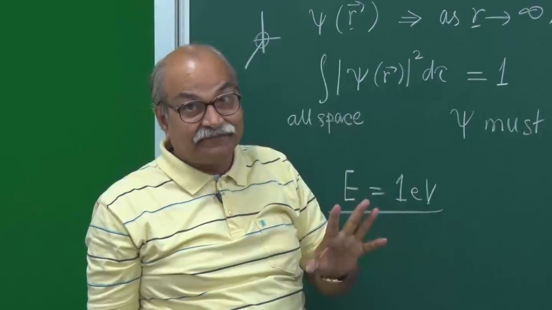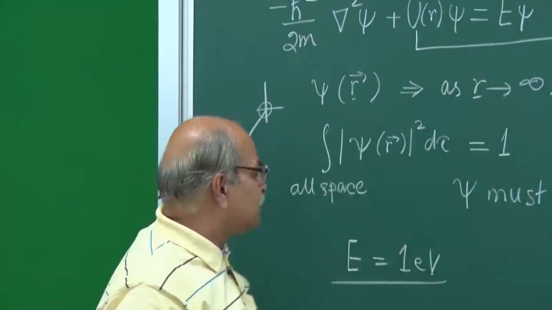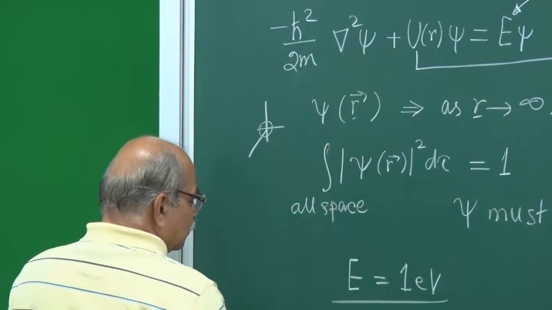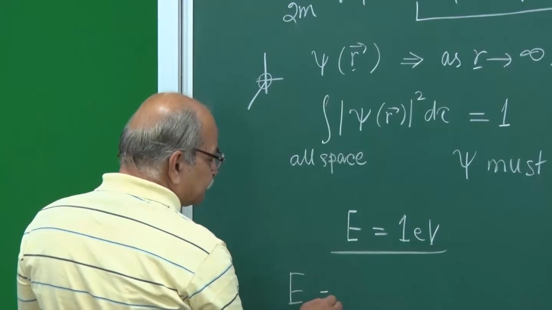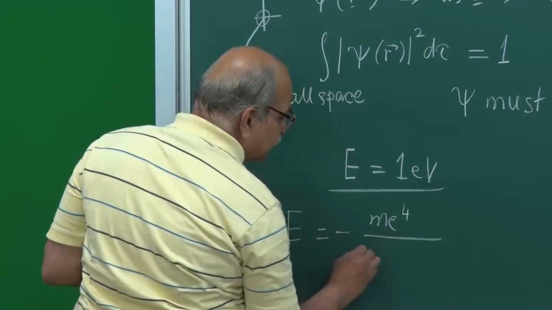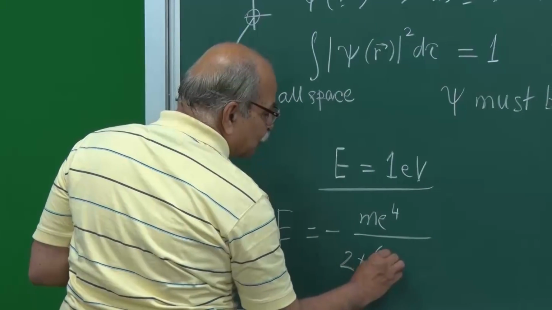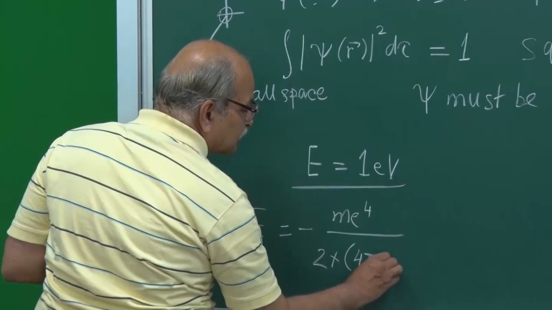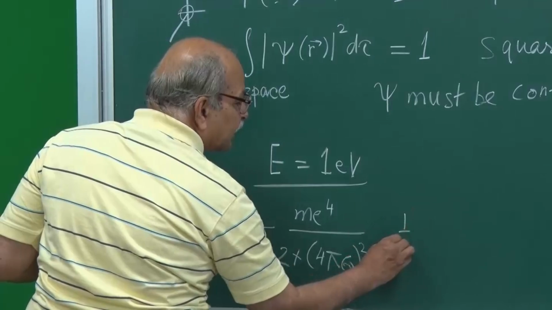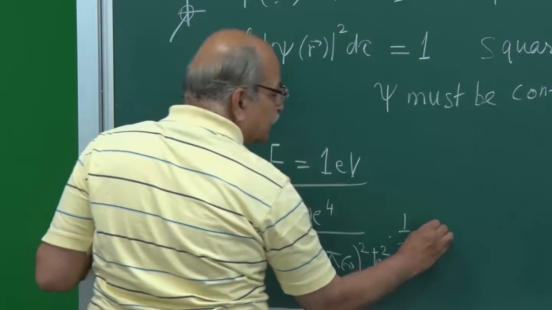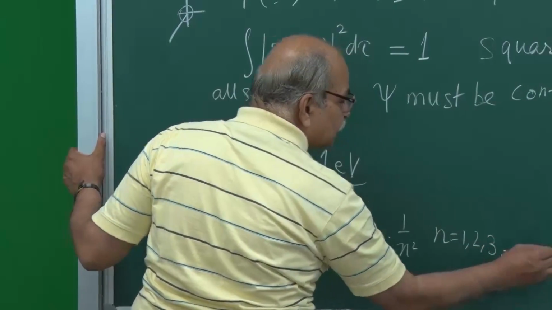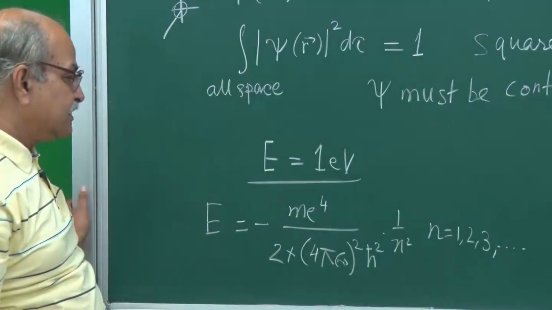So that's the first thing. In this particular case, it turns out that those energies are given by minus m e to the power 4 divided by 2 into (4 pi epsilon naught) square h cross square, times 1 by n square, where n is equal to 1, 2, 3 and so on, some positive integer.